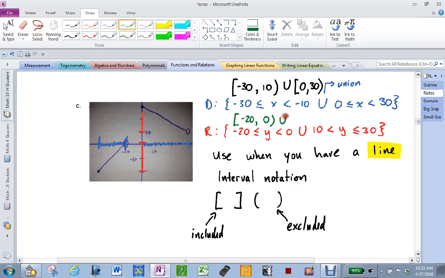Union with round bracket, it's not included, and then 10, comma, 30, square bracket. Everybody got it? That's the first wrinkle. Is it smoothed over? Are we cool? I will ask you to do both. You must be able to do both.